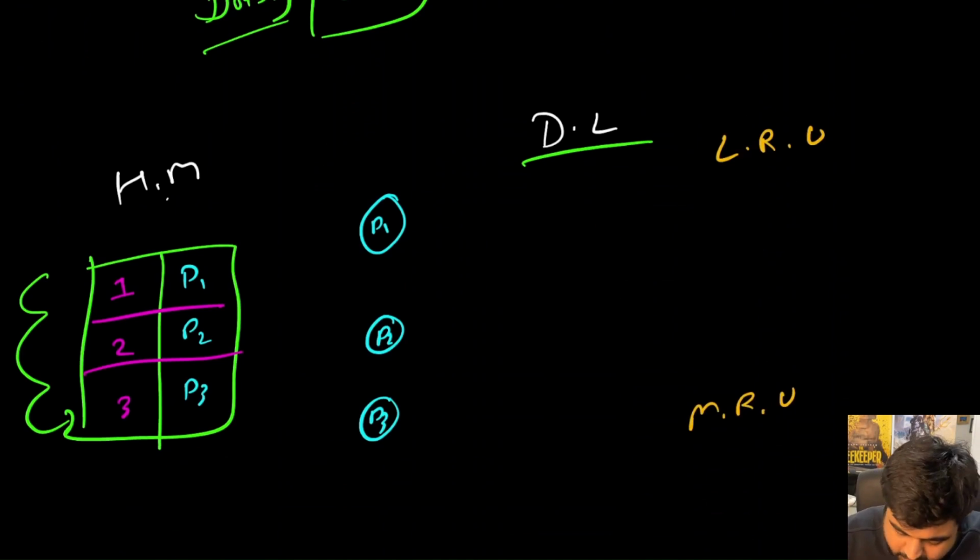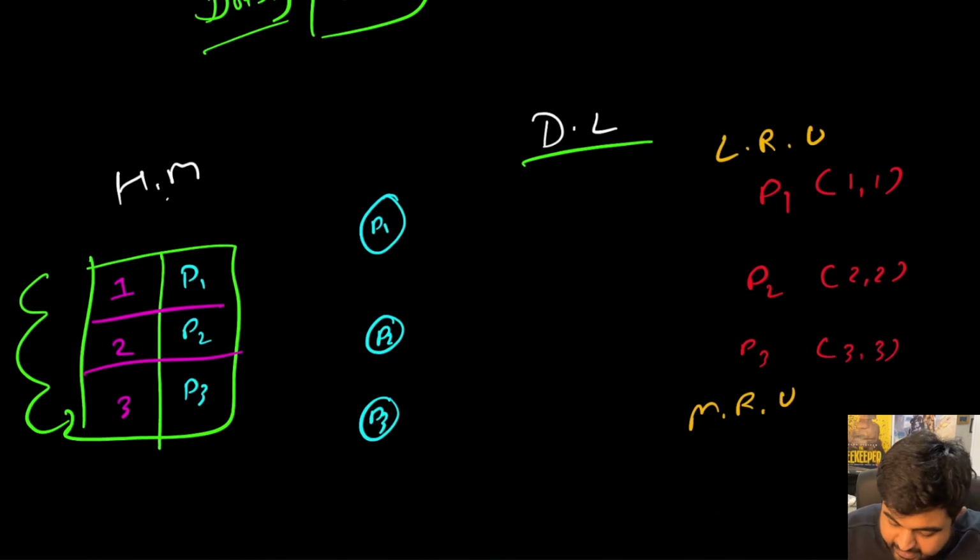The very first item in the least recently used is going to be pointer 1, or the value 1, or the node 1. So basically value 1 and 1. Same way, second is going to be P2, basically value number 2 and 2. And third one is going to be pointer 3, that is going to be 3 and 3.